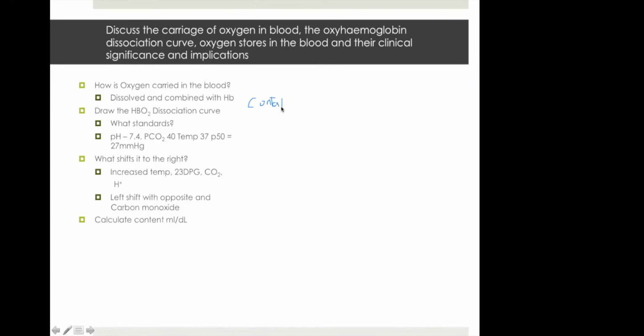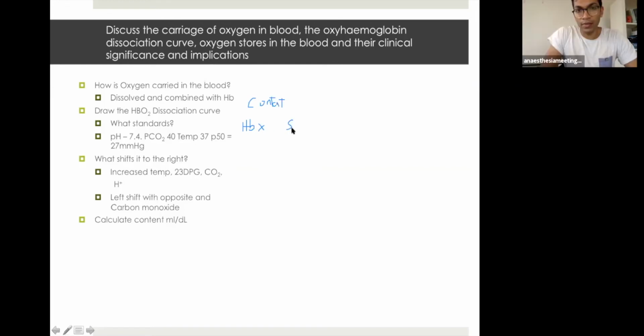And then there's the chemical part, which is bound to hemoglobin. So the first part of the equation is cardiac output times hemoglobin. So CO times Hb times oxygen saturation.